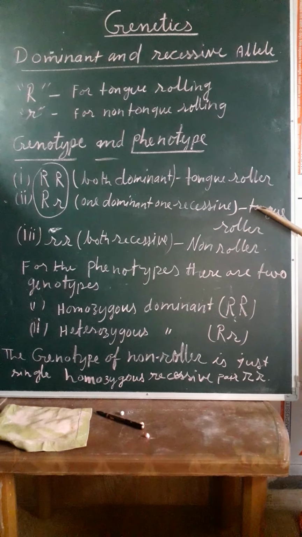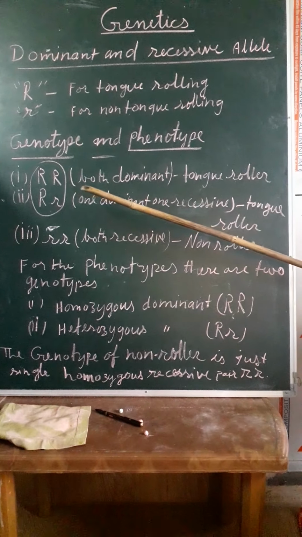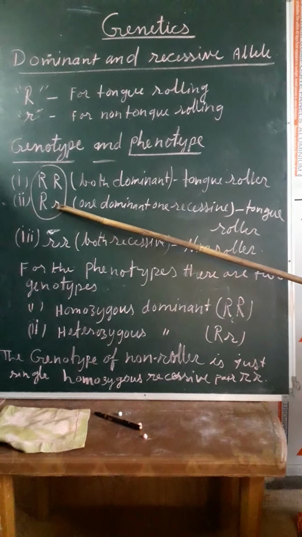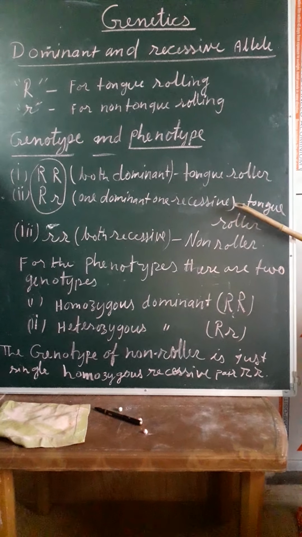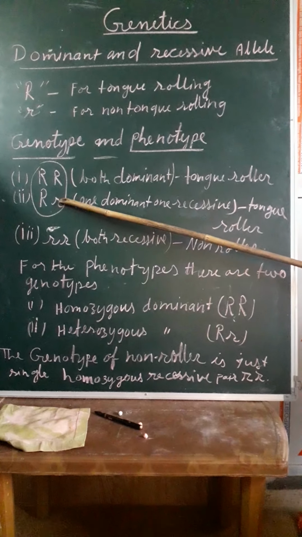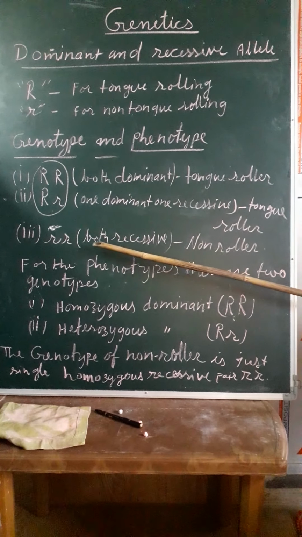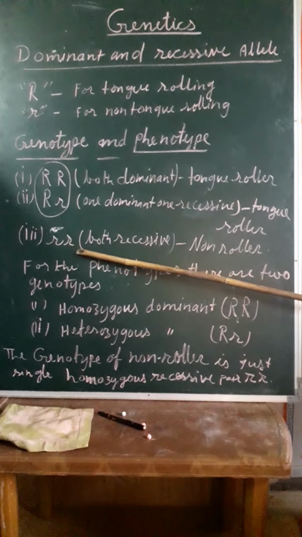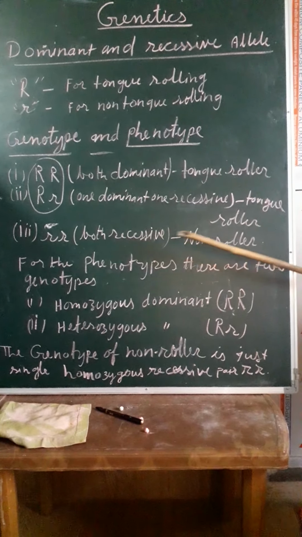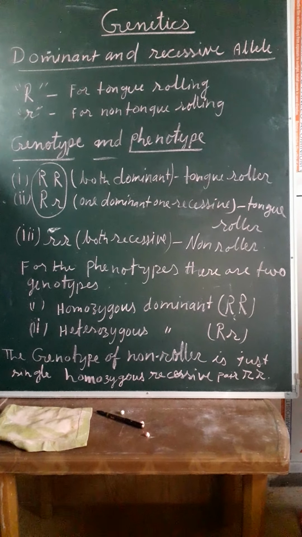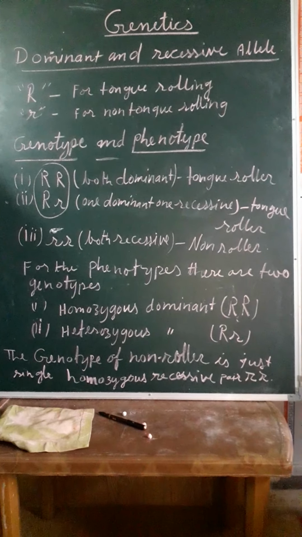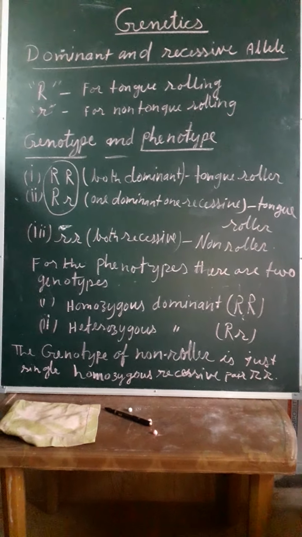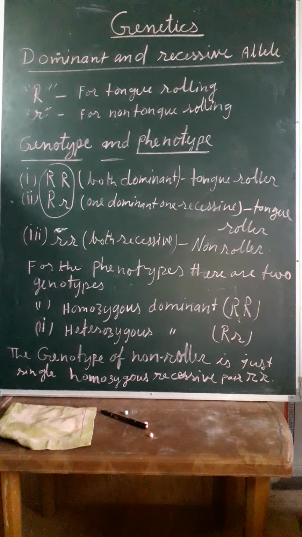The capital R dominates over the small r, so it is a tongue roller, but it is a carrier of the recessive gene too. And third is small r and small r, both recessive, non-tongue roller. Those who have this type of gene, small r and small r, cannot roll the tongue.